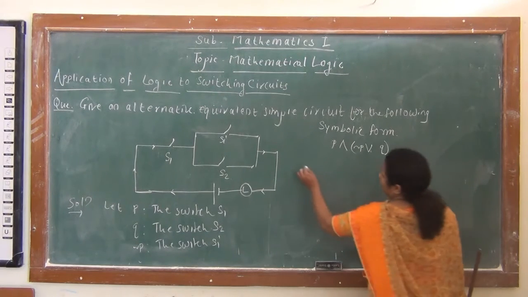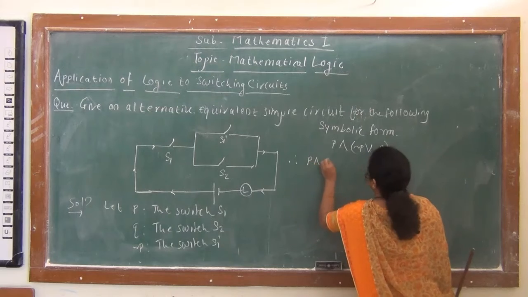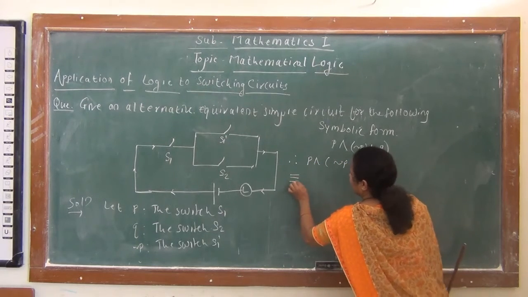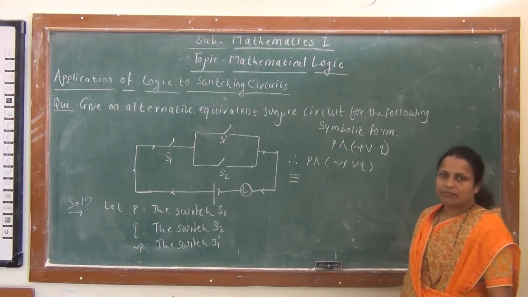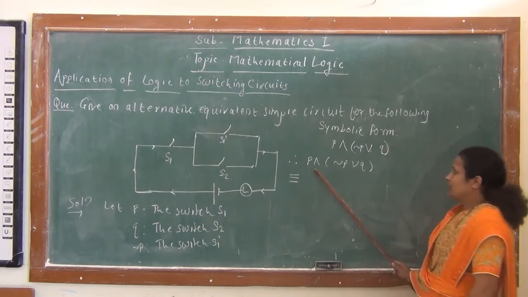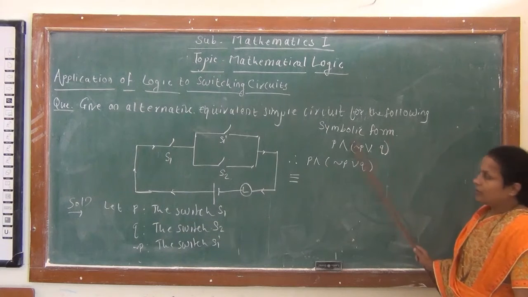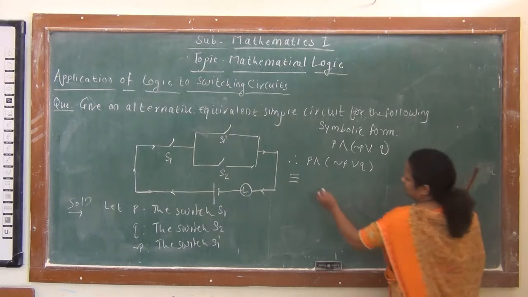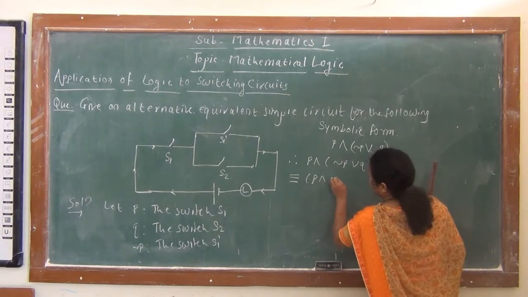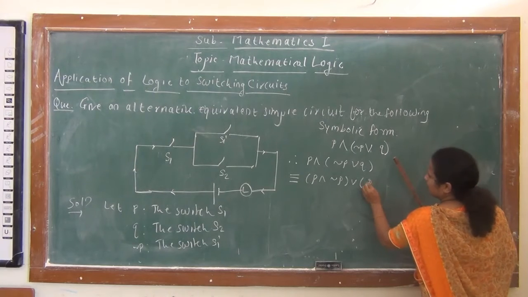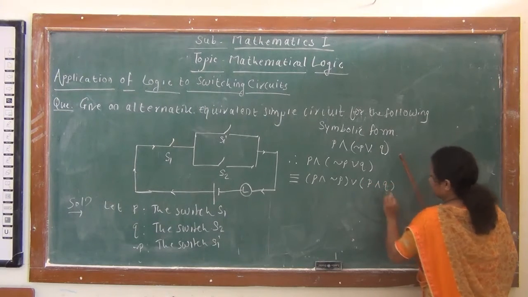So again we consider this statement as P and (negation P or Q). Now we simplify this statement by using laws of logic, that is, algebra of statements. So first we use the distributive law, that we distribute this AND over this OR. That is, (P and negation P) or (P and Q).